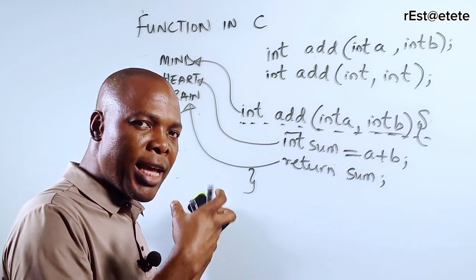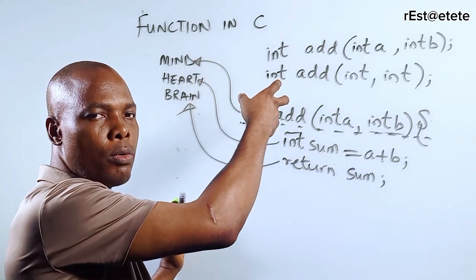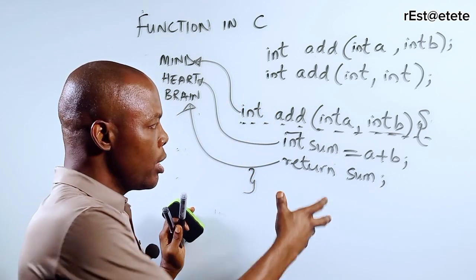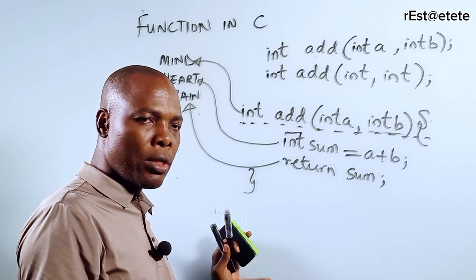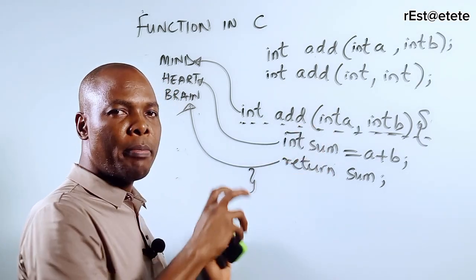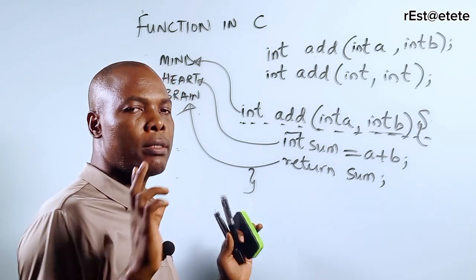So it is inside the soul that any of these thoughts, which represent function, will be called, and then parameters supplied to it. So in the next class, I'm going to show you how to write a main function and then call this function inside the main function, supplying the parameters to it so that it will act and then manifest for you to see.